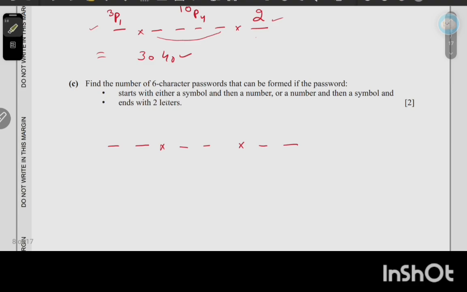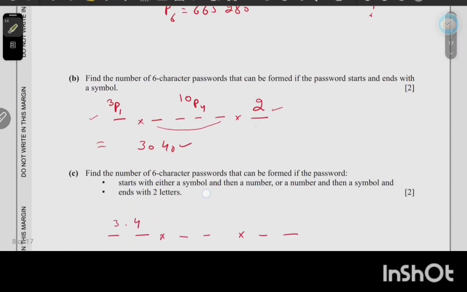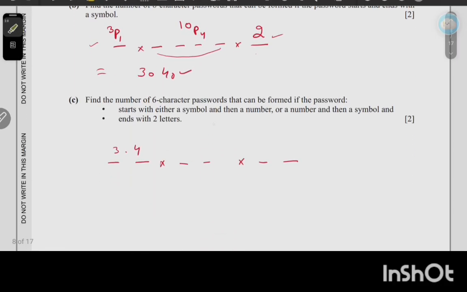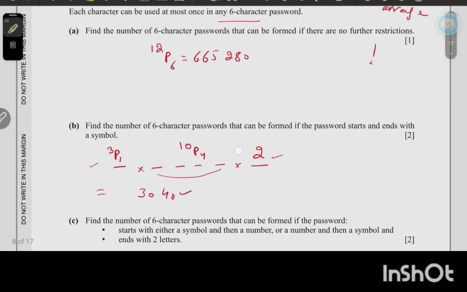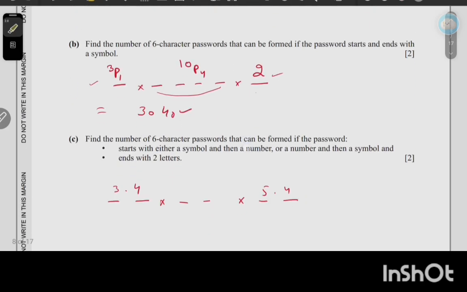Start with either a symbol and a number, or a number and a symbol, and end with two letters. So there are two letters, and the start is from the numbers 3 and 4, because we have 3 symbols and 4 numbers. End with two letters, so the letters will be 5 and 4, because we have 5 and 4.